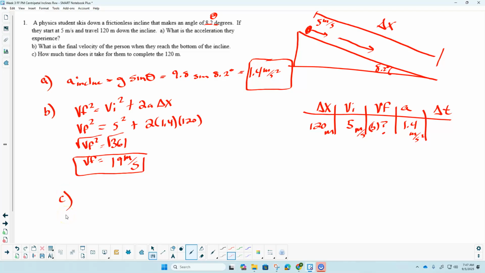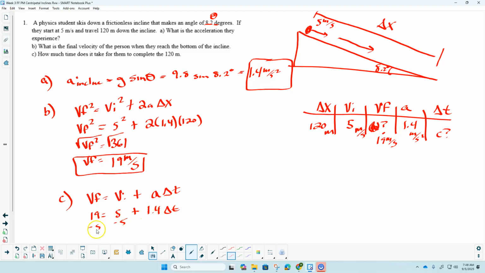And then finally for part C, it says how much time does it take for them to complete the 120 meters? We can use any equation that has time in it. This is probably the simplest one to use: vf equals vi plus a delta t. So 19 equals 5 plus 1.4 delta t.